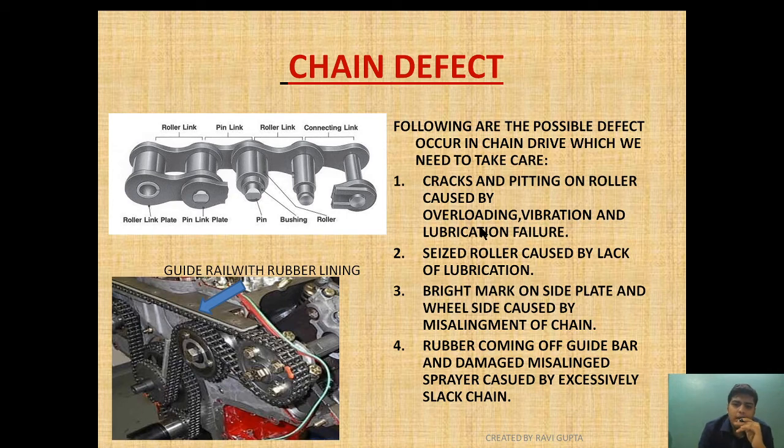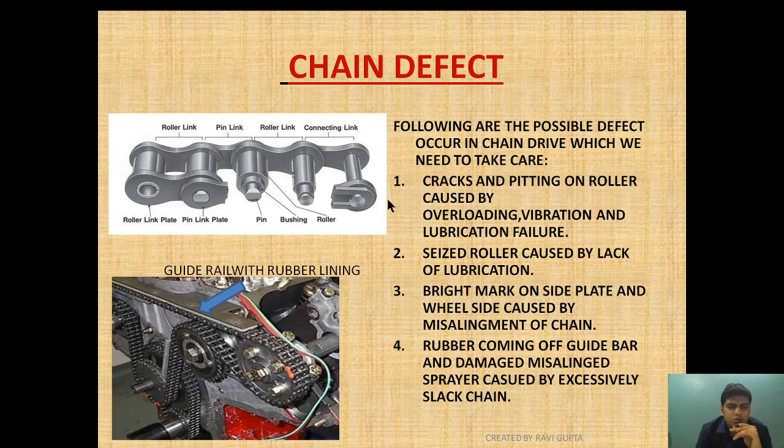Sometimes because of overloading, or vibration, which is continuously present in the engine, and lubrication failure, these are the things which cause cracks and pitting marks on a roller. So this thing we need to check whenever we are inspecting a chain drive.